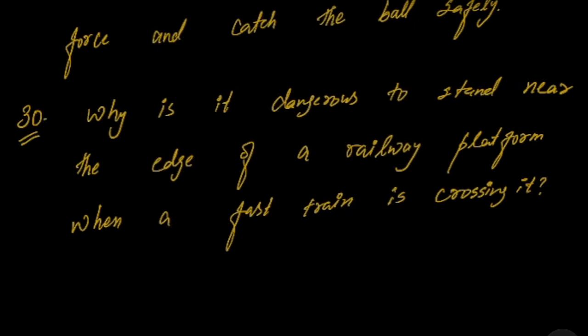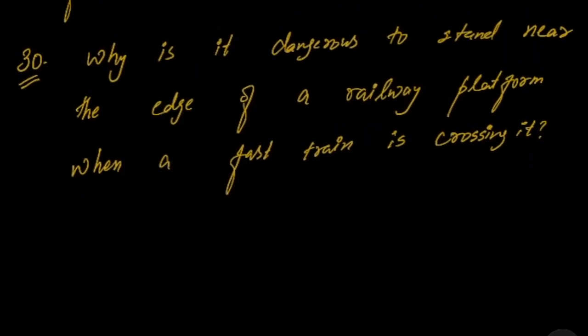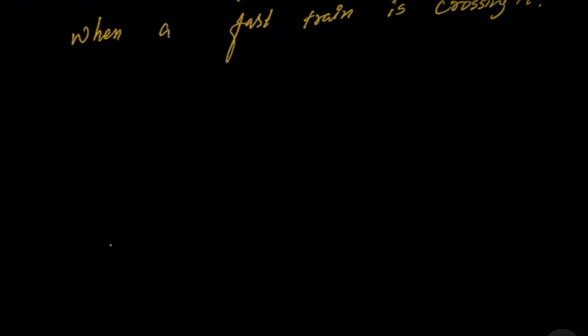A fast train produces a low pressure region due to the high velocity air, and according to Bernoulli's principle, people may be pulled towards the train. That's why they suggest not standing near the train.